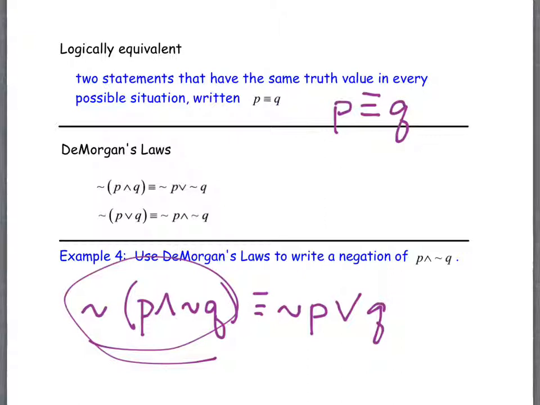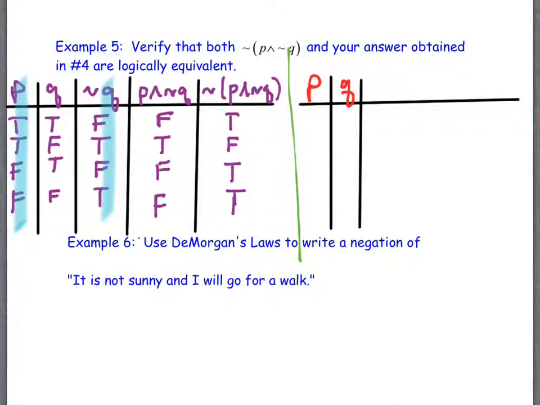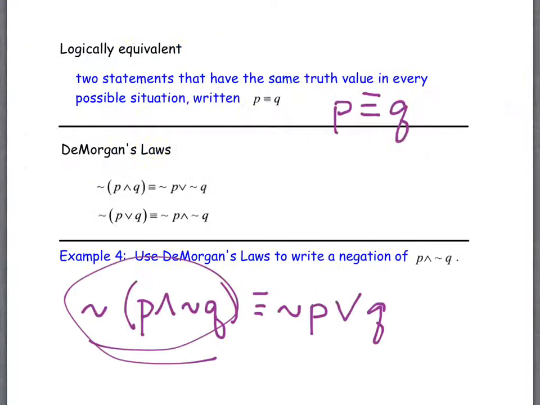Tilde P, right? And then I just need to put them all together with the or statement between. Right? I've got the tilde P, I've got the Q. So now I'm going to do the tilde P or Q.